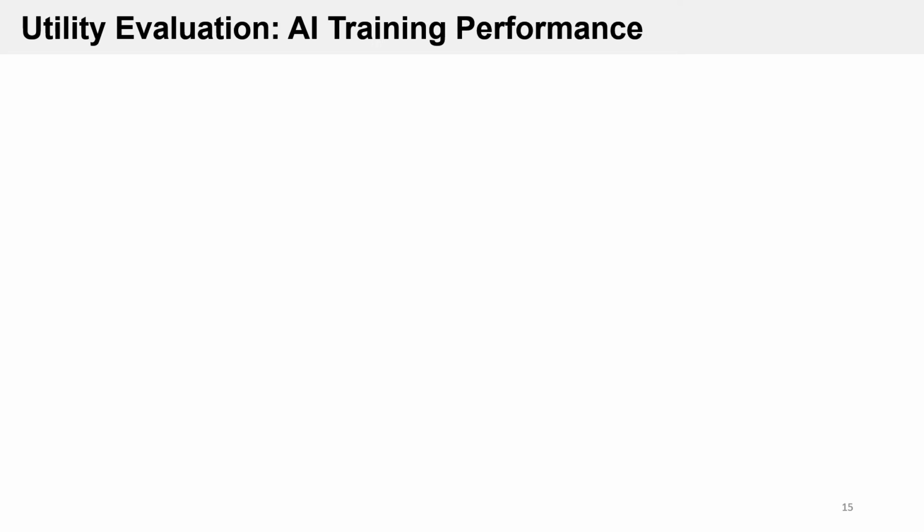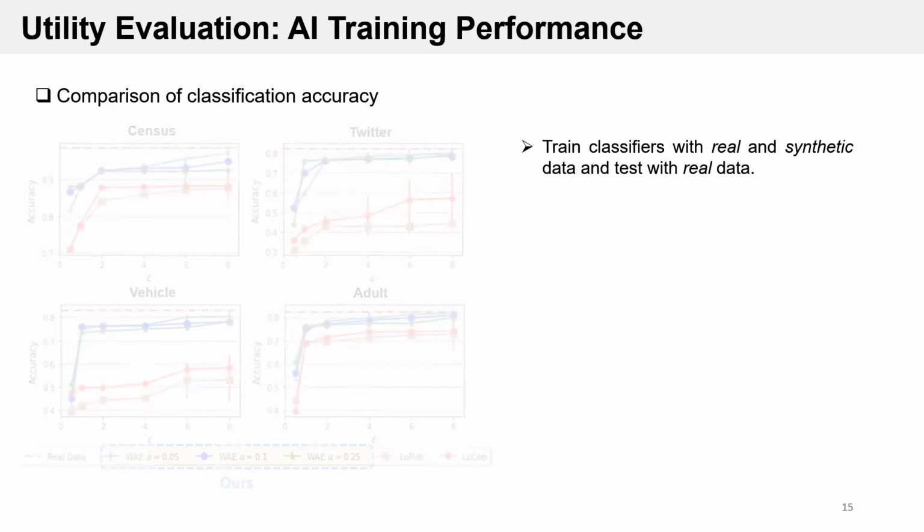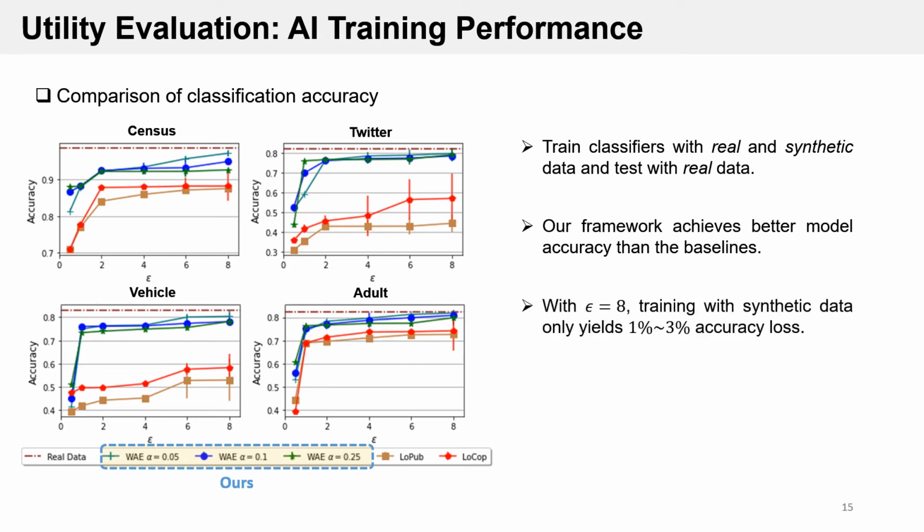Finally, we evaluate the data utility in AI training tasks. To this end, we train 2 classification models respectively with real and synthetic data, and test the models with a set of held-out real data. The figures show the test accuracy at different privacy levels. It can be seen that our framework consistently shows a better test accuracy compared to the baselines. Particularly, when epsilon equals 8, the models trained with synthetic data only yield 1 to 3% of accuracy loss.